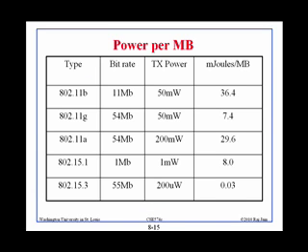All right, so the power is one of the key considerations in the wireless network, and one way to measure the power consumption is how many watts or how many joules of power energy is used for 1 megabit, for 1 megabyte.